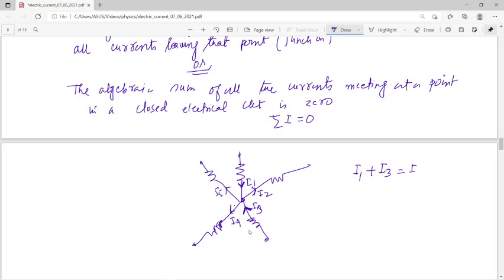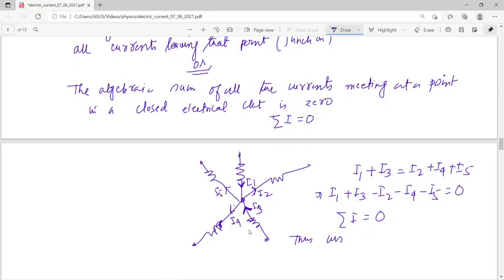You can say that is I2 plus I4 plus I5, or you can write the equation I1 plus I3 minus I2 minus I4 minus I5 equals 0, or you can say summation of I equals 0. So current entering the point is taken as positive, and current leaving the point is taken as negative. Then the total current, if you add it, will be equal to 0.